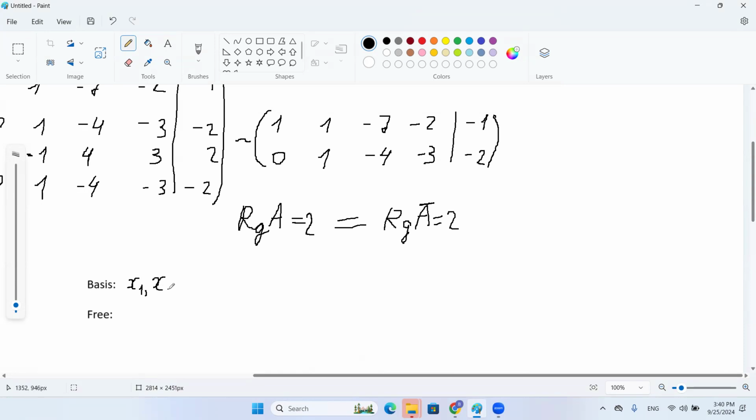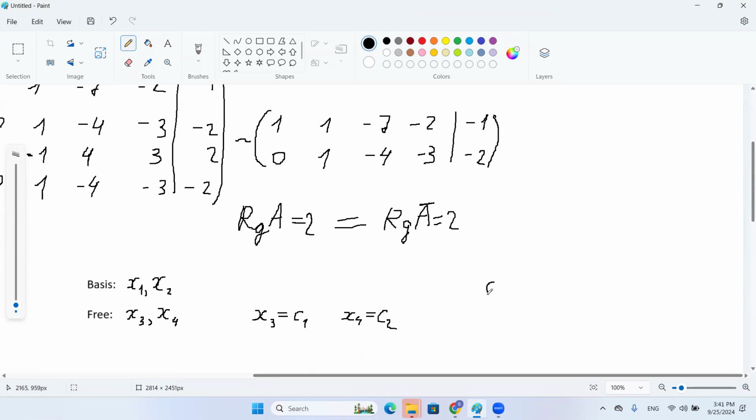Correct. And free, of course, x3 and x4. And we actually can name them. So we can mark x3 as C1, x4 as C2.